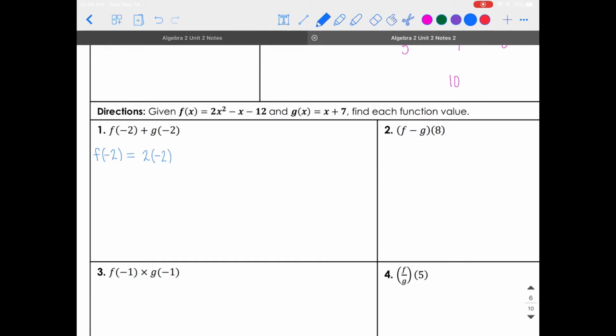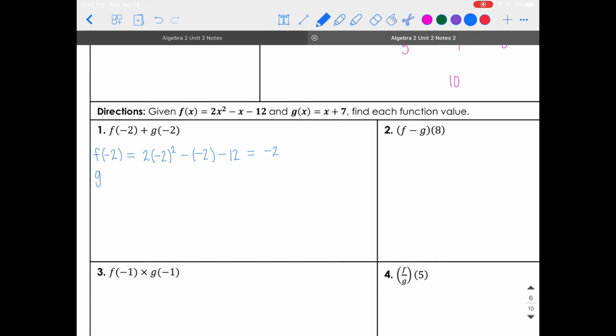And make sure you put those in parentheses. So when I plug that in, if you plug it in correctly, you get negative 2. Sometimes with those negatives, it gets a little confusing.